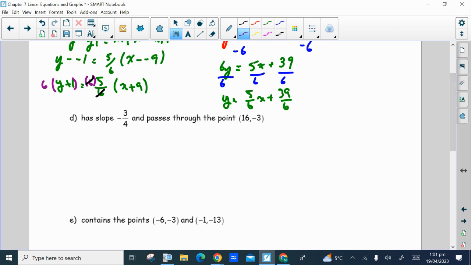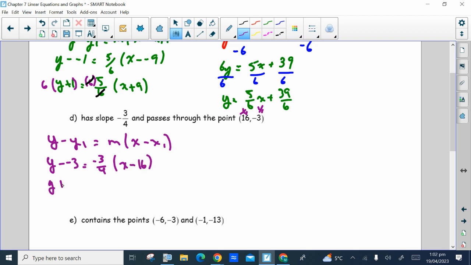Question D, exact same type of question. You'll use point slope form. So there's x1 and y1. M, the slope, is negative 3/4. So it'll be y minus negative 3 equals negative 3/4 bracket x minus 16.